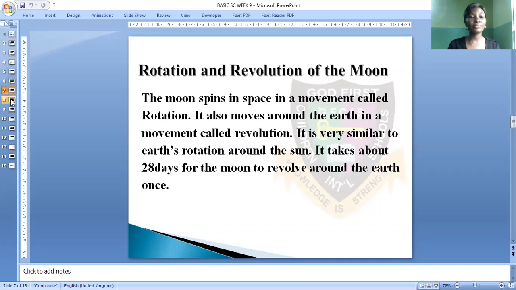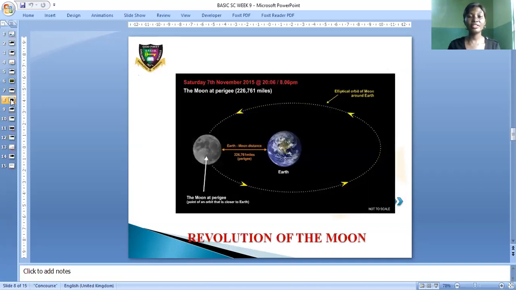Now, let's see the diagram. This is the moon and this is the Earth. The moon revolves, that is, moves round the Earth. So when the moon is closer to the Earth, we say the moon is at perigee.